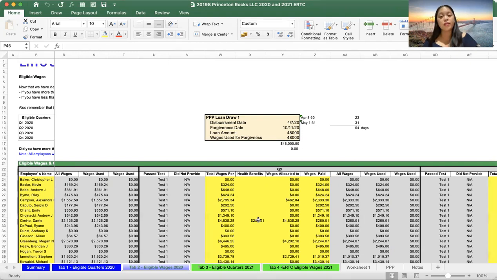It is also necessary for us to exclude the wages of the owners, because the IRS says that owners are ineligible for ERTC.